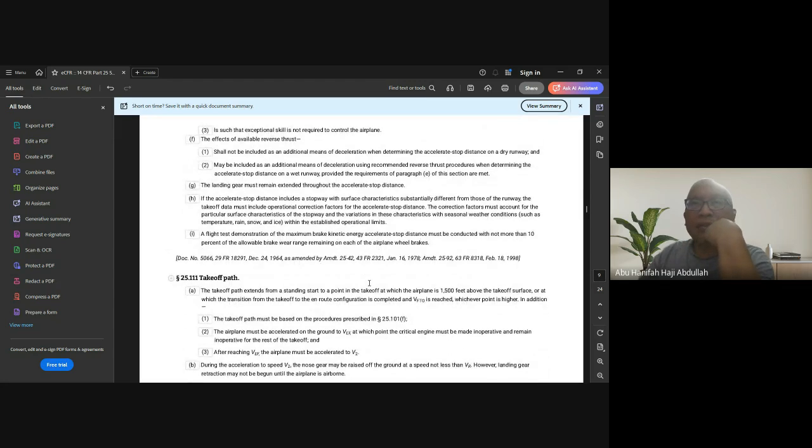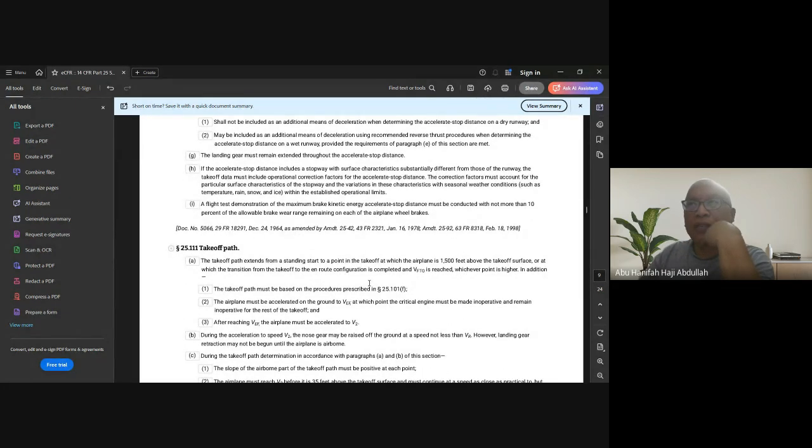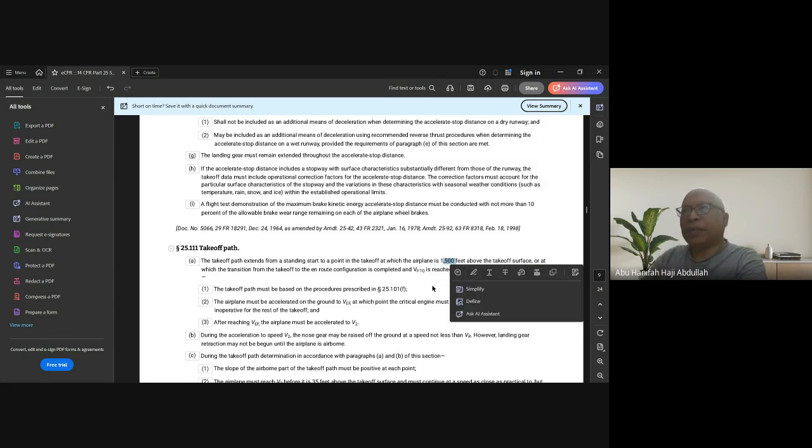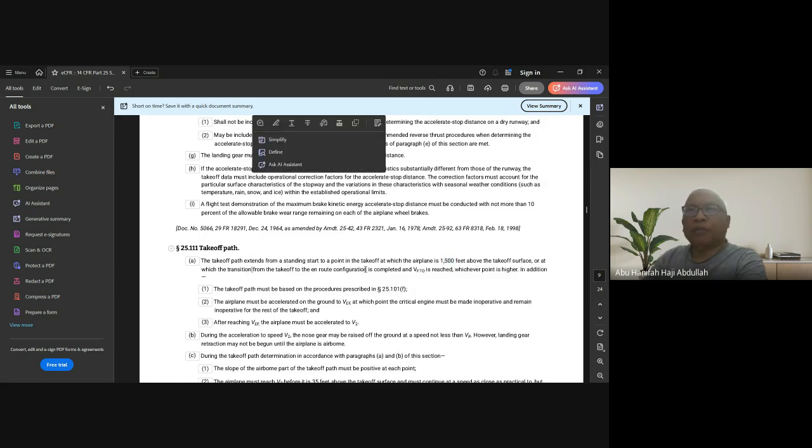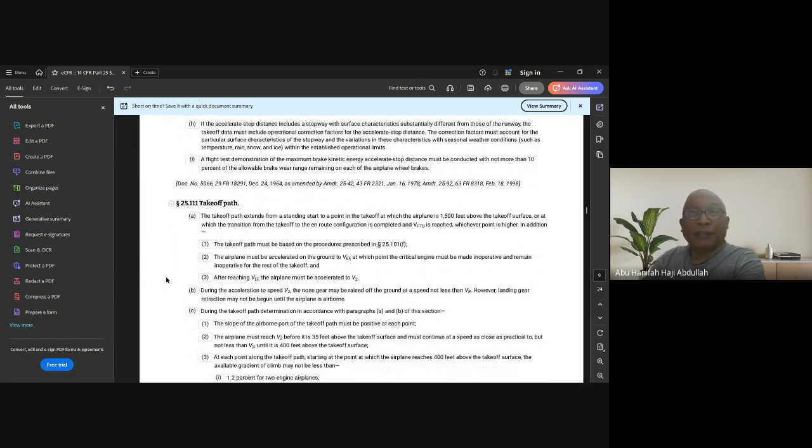Takeoff path: as you take off, what is your distance over the takeoff path? The takeoff path extends from a standing start to a point in the takeoff at which the airplane is 1,500 feet above the takeoff surface, or at which transition from takeoff to en route configuration is complete. So you need to do the flight test on this as well for your takeoff path.